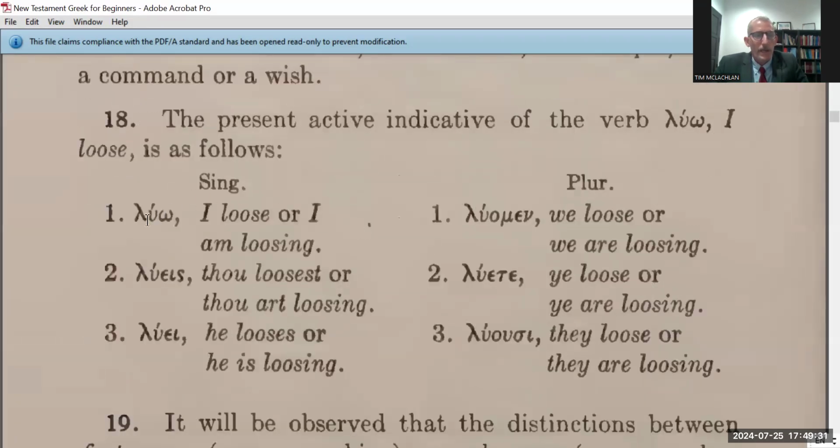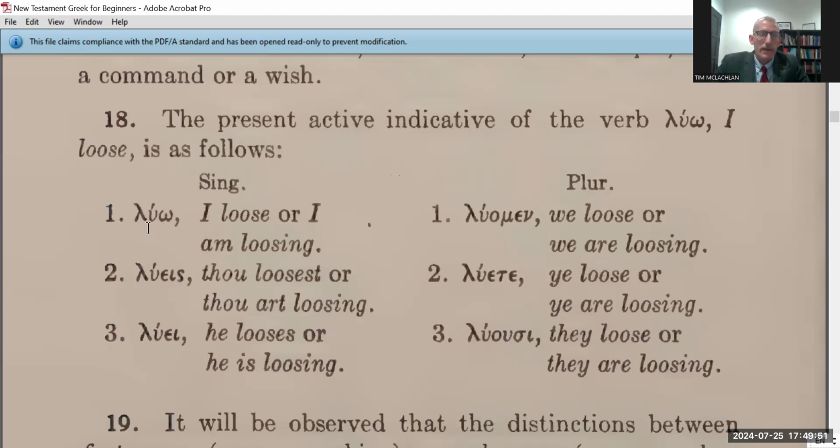Now here are your verb forms, and you should be remembering these by now. And just to review, you could do an exercise, like say in your mind, luo, lueis, luei, luomen, luete, luousi, and then change the verb.